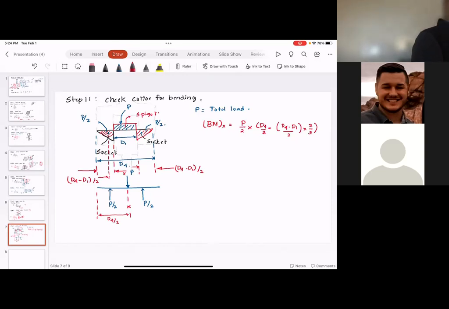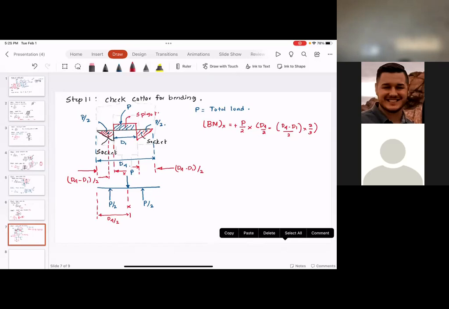This force is going up, so this bending moment is going to be positive. Any questions here? What I'm trying to do is find out the bending moment at this point. The bending moment at this point is the bending moment given by the triangular load and the bending moment given by the small portion of the rectangular load.